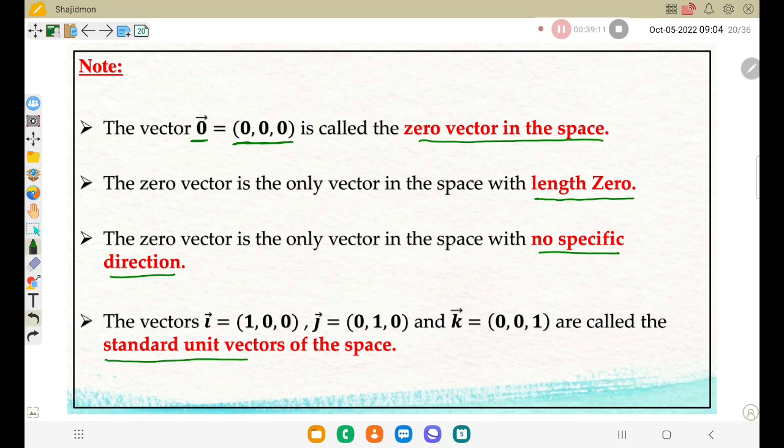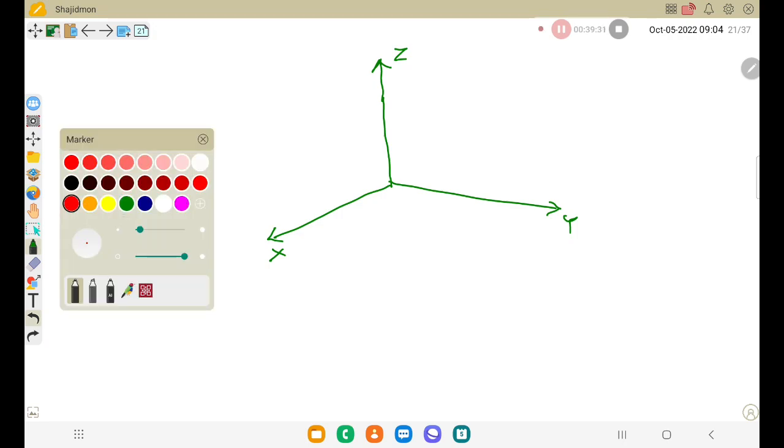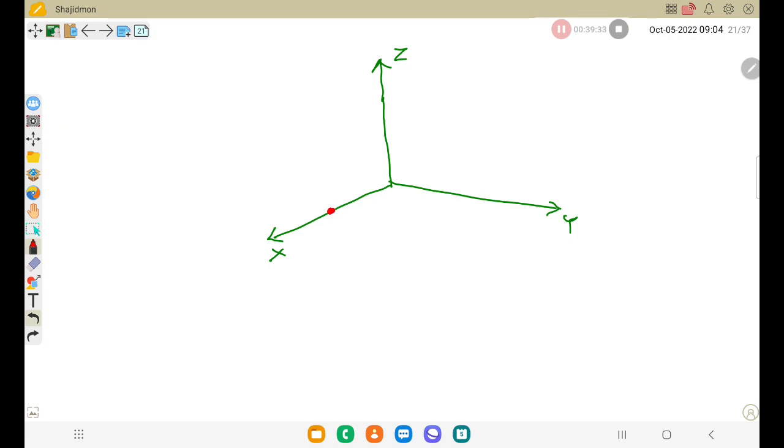Now, what are the standard unit vectors in the space? This is important. In space, we have the x axis, the y axis and the z axis, correct? When we take the number 1 on the x axis, that means x is 1, y is 0, z is 0.